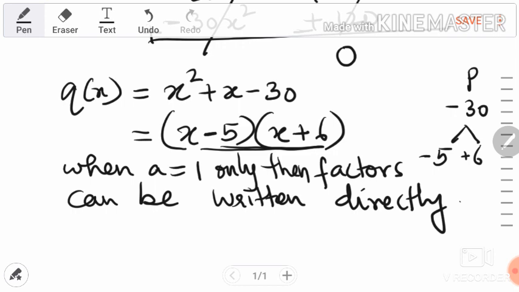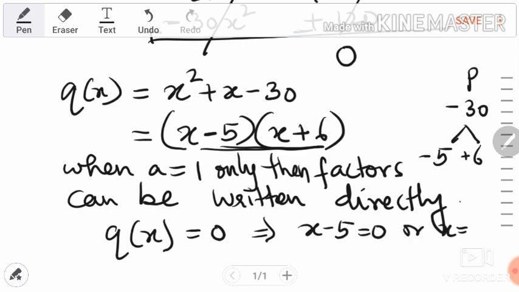So we have factorized the quotient polynomial further. Now equating the quotient polynomial to 0, we get x minus 5 equal to 0 or x plus 6 equal to 0. So solving this, we get x equal to 5 and x equal to minus 6.